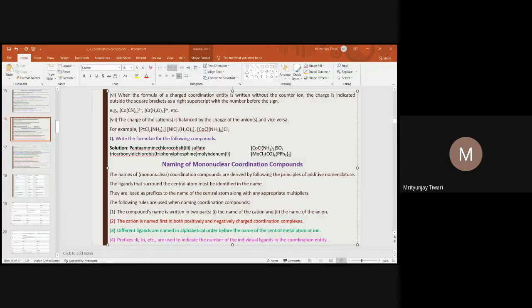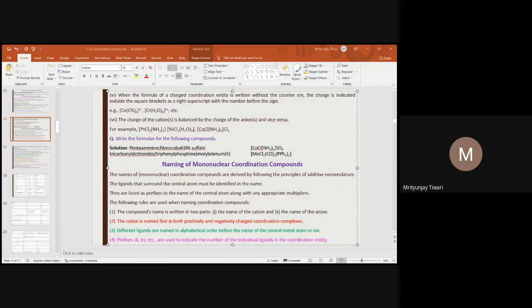An example is if the ligand is H2O, six of them, as in [Cr(H2O)6]. It is named hexaaqua, because hexa represents six and aqua represents the ligand.